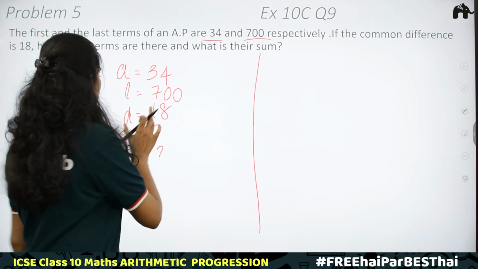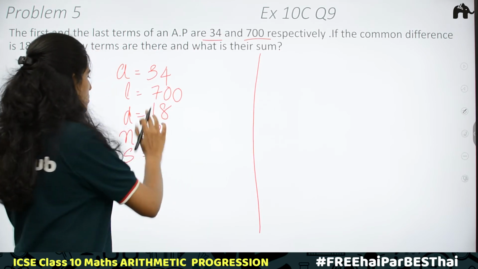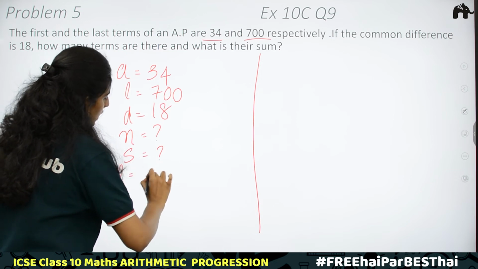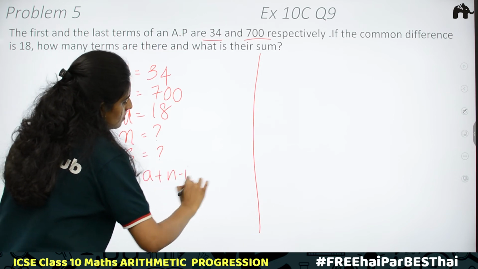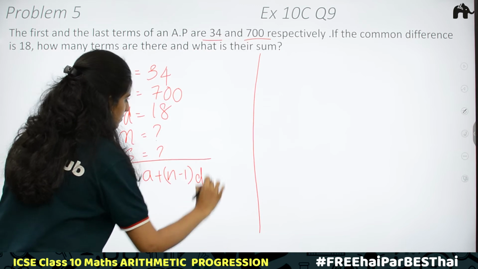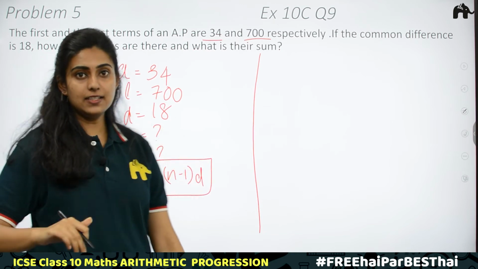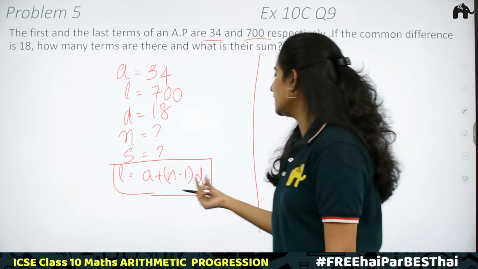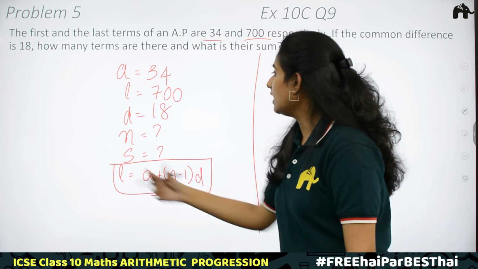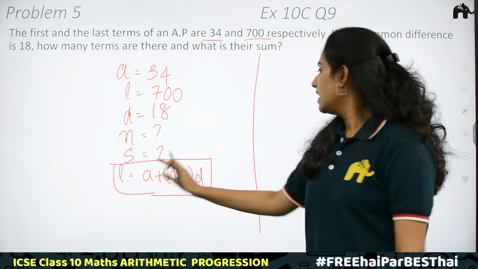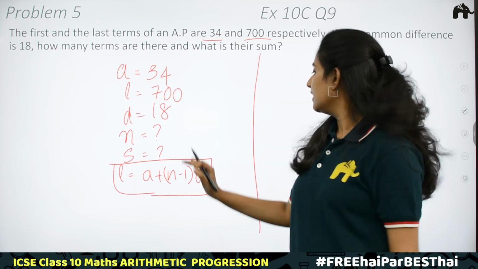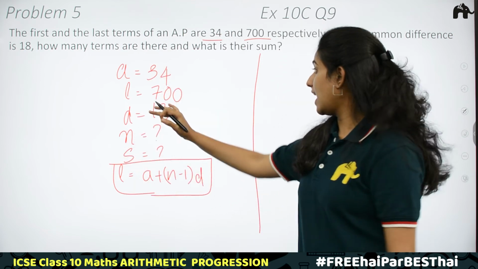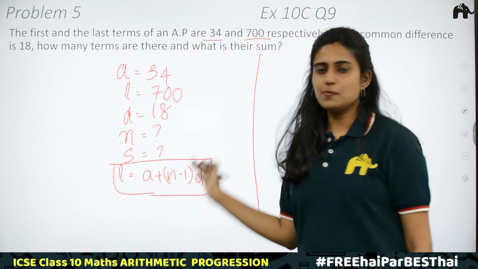To find the number of terms, we can use the formula L is equal to A plus n minus 1 into D. Yes, the nth term or the last term of an AP, L is equal to A plus n minus 1 into D. Here we know L is 700, A is 34, n we have to find and D is 18. Now substitute the values.